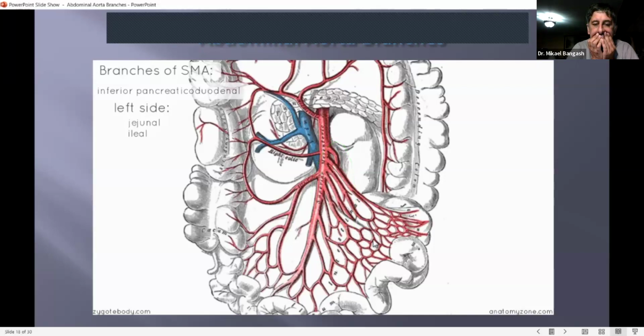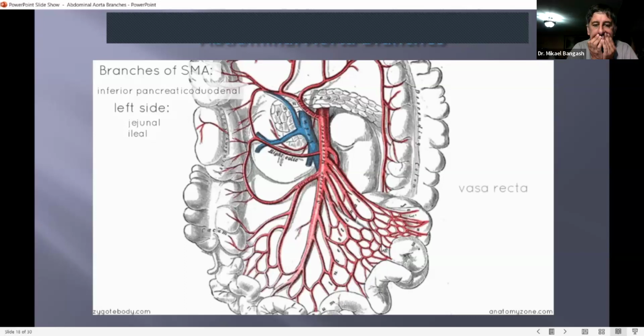So the jejunal and the ileal vessels pass between the two sheets of the mesentery and supply the small intestine. You've got several of these arches, and right at the end, distally, you've got these straight vessels which supply the surface of the small intestine.